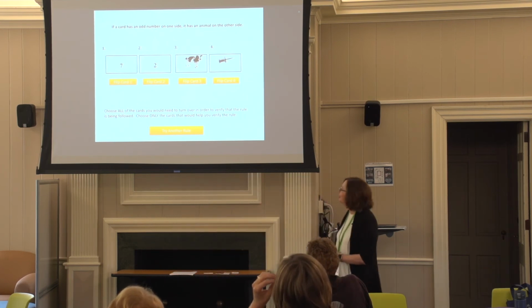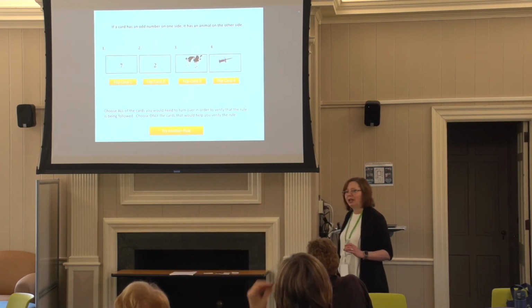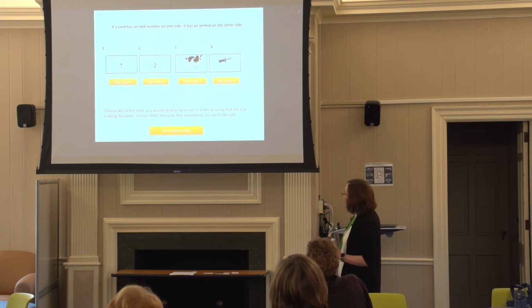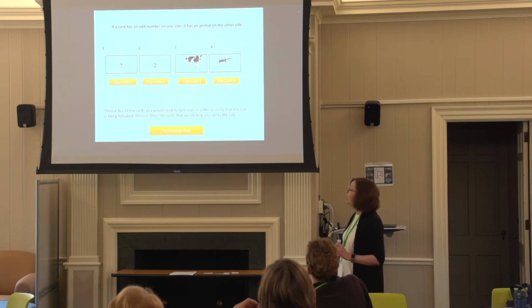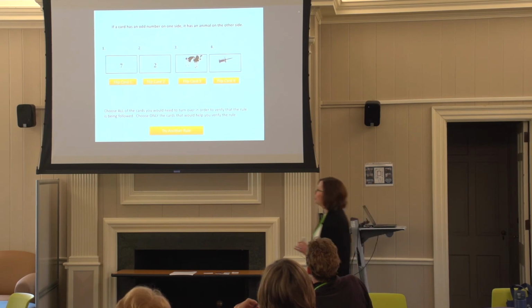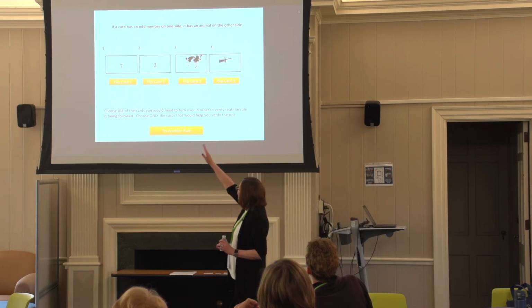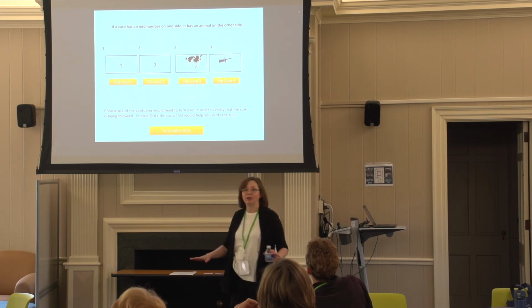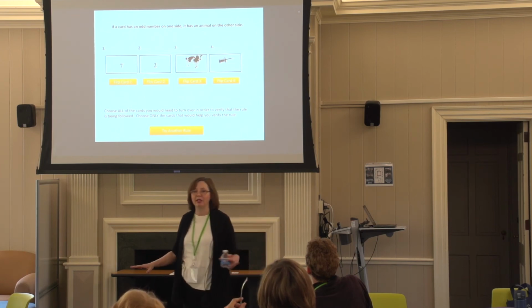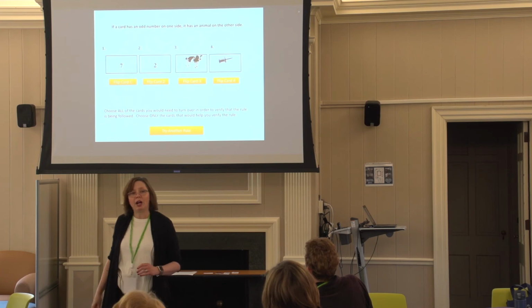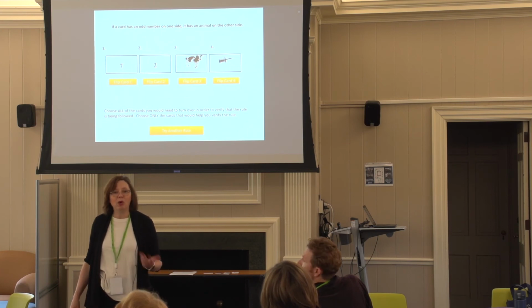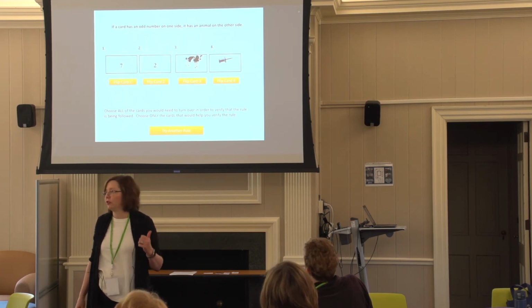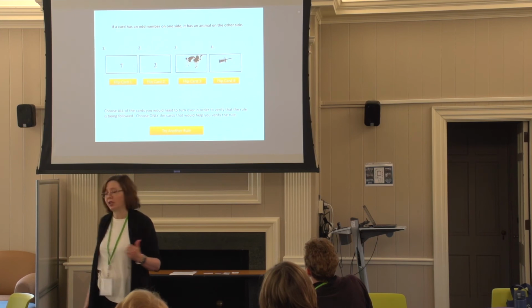But for the rest of us, what I want you to do is think about this rule. If a card has an odd number on one side, it has an animal on the other side. And we're going to use our imaginations a little bit here and picture these rectangles as cards. Imagine those are cards spread out on the table in front of you. Your job is to say, well, what information would help me know if this rule is being followed or whether it's being broken, okay?